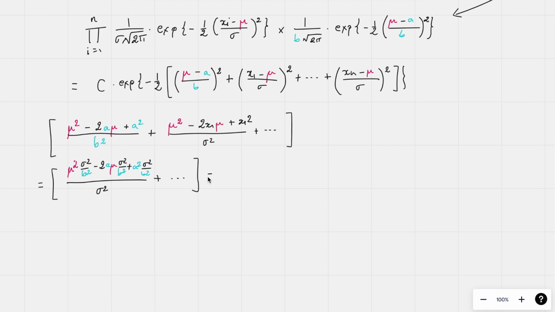So here we go. We have everything over sigma squared now, and we start collecting and gathering the terms. So mu squared, I have in that first term sigma squared divided by b squared.